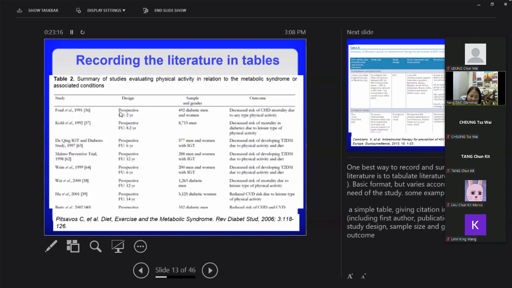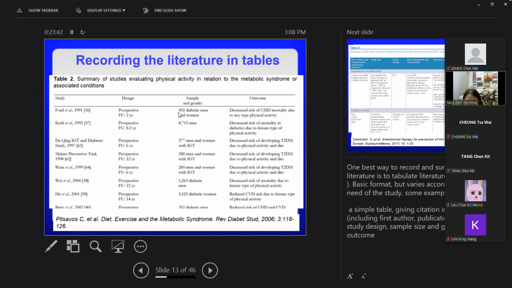All participants were prospectively followed up for 2 years. So there are 2 years, 80 years, and as long as 40 years, and all are the same study design. Sample means how many participants the authors studied.